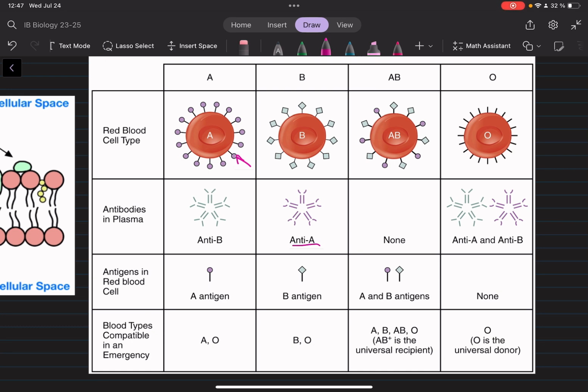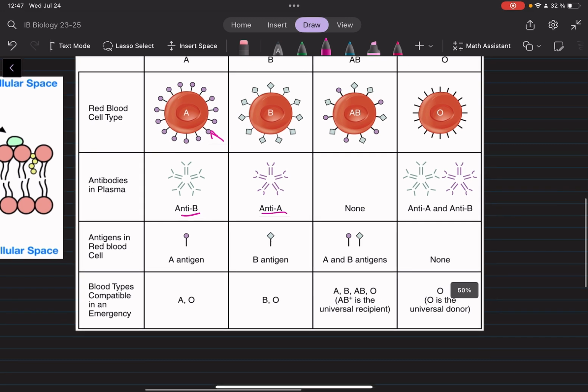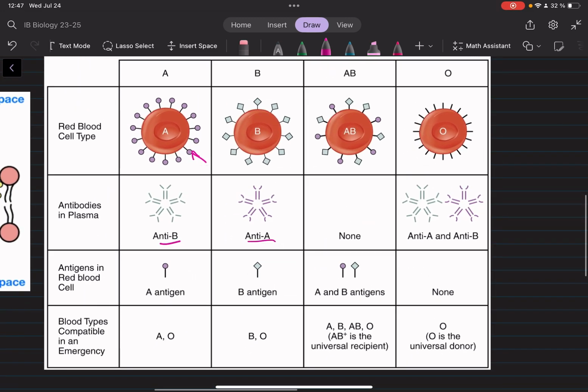If I gave a person who has B type blood, A type blood, then the antibodies B would be attacking the B antigens. That's why the O type is the universal donor, because it doesn't have any antigens.